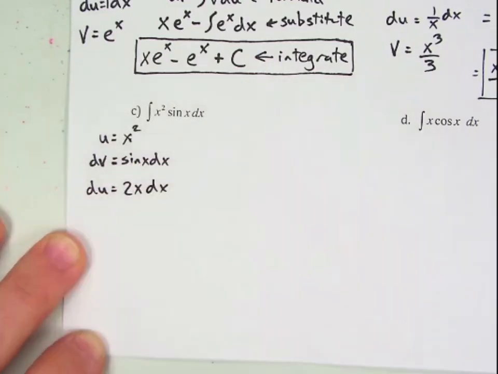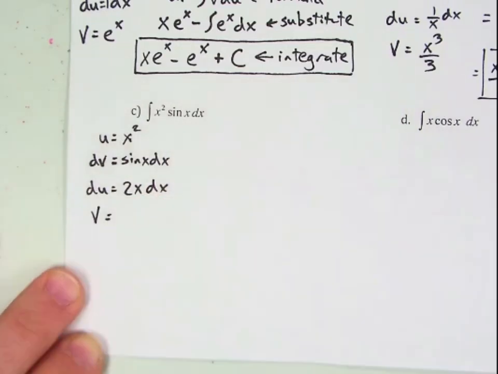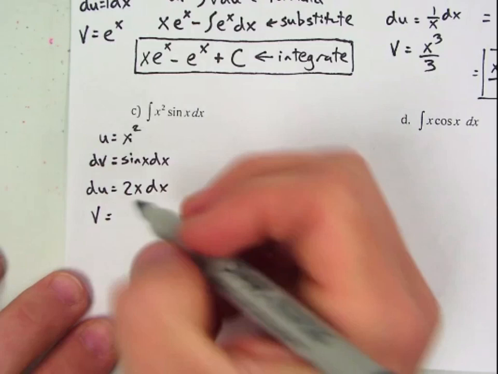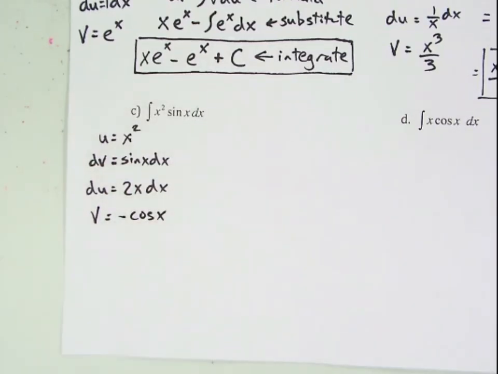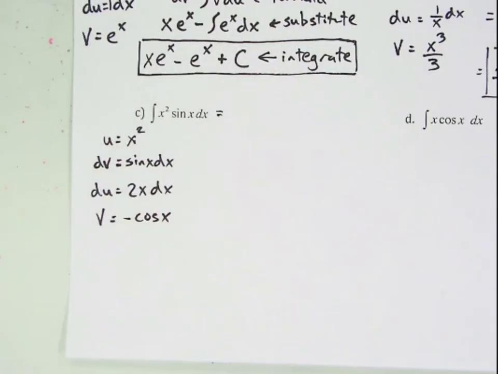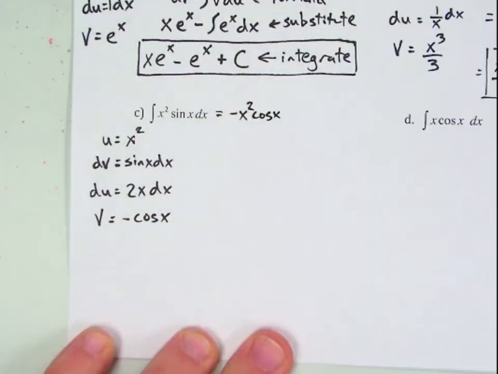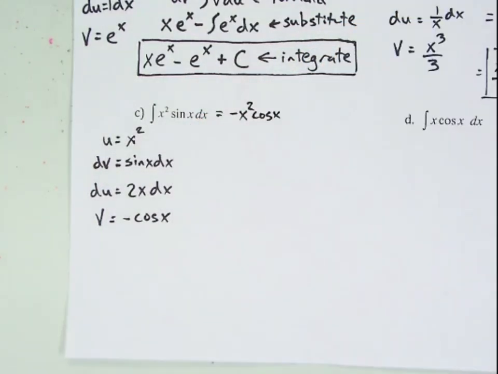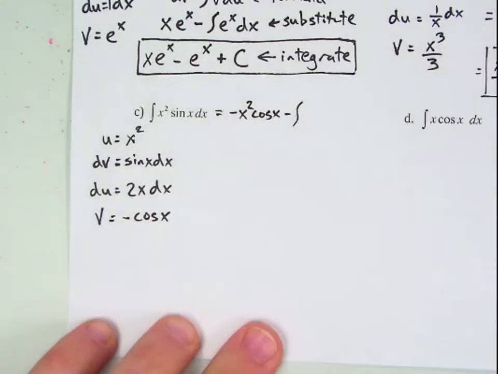And then we find v by integrating sine x, which turns into negative cosine x. And then we just plug it into the formula: uv minus the integral of v du.